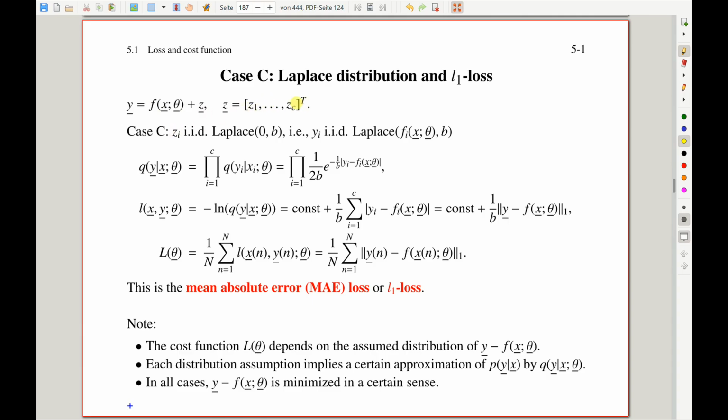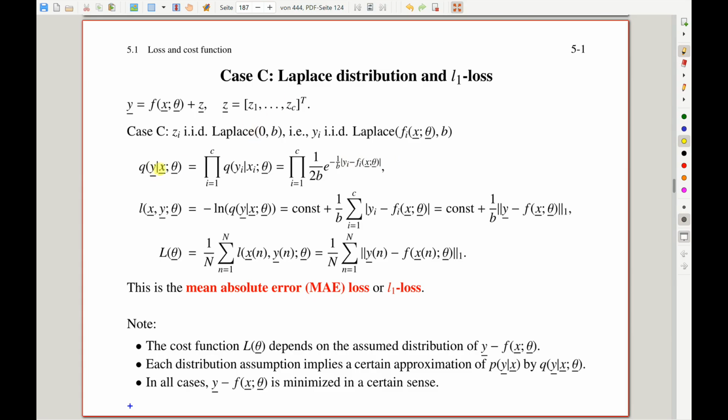Now all the elements of the approximation error vector, they are independent, identically Laplace distributed with zero mean with the parameter b. And we know the Laplace distribution, it's an exponential function with a magnitude of y minus f, no square, just a linear function actually in the argument.